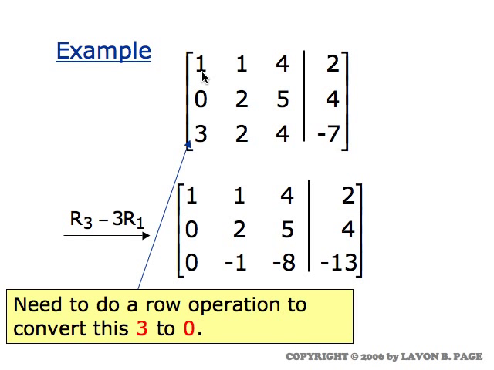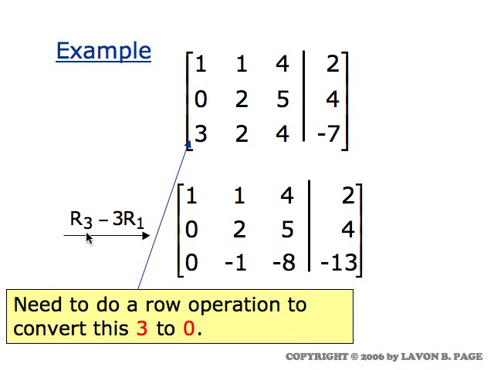So the next thing we will want to work on is producing zeros in these two spots. And notice we have one of those for free. So to get the first column in the form we're looking for, which is 1, 0, 0, the only work we have to do is to change this 3 into a 0. And we accomplish that by doing row 3 minus 3 times row 1, producing a new row 3.